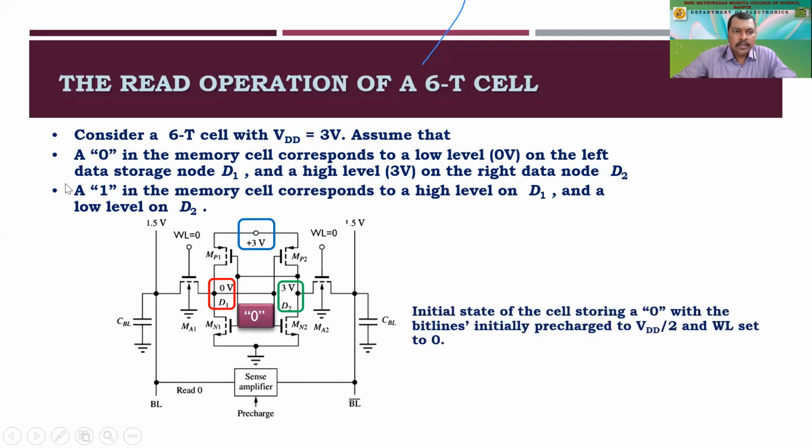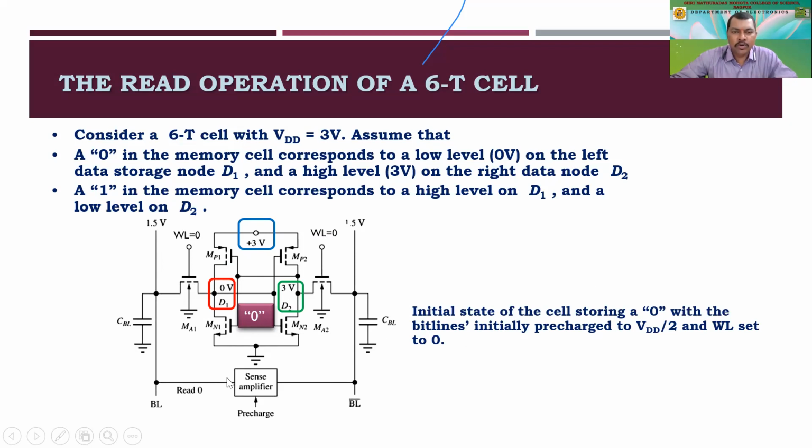Now let us see the initial state of the cell, storing a zero, with the bit lines initially pre-charged to VDD by 2 and the word line set to zero. So if this word line is set to zero, then these transistors are not going to work, and the data will remain as it is. So it will have a zero over here and it will have 3 volts over here, right?